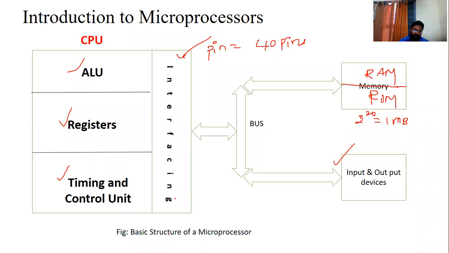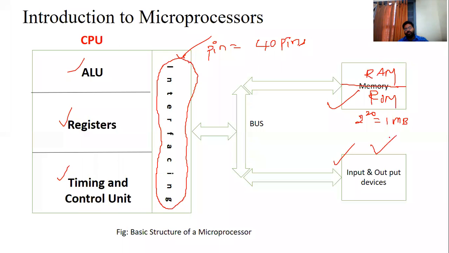Now we have completed RAM and ROM. Now come to the interface: how you interface different devices like RAM and ROM and input output devices to this microprocessor. How will we interface this?